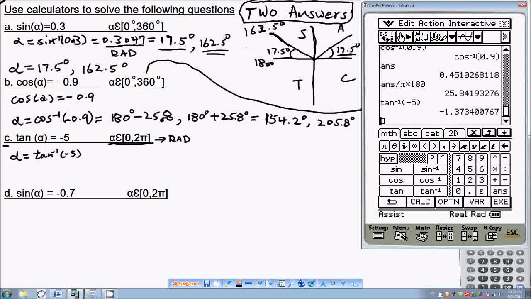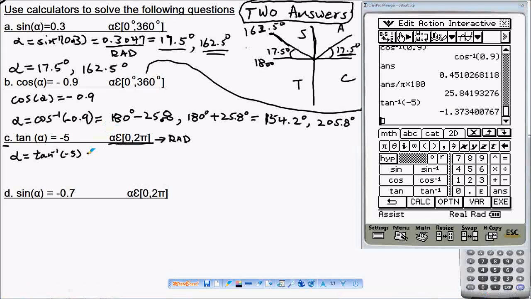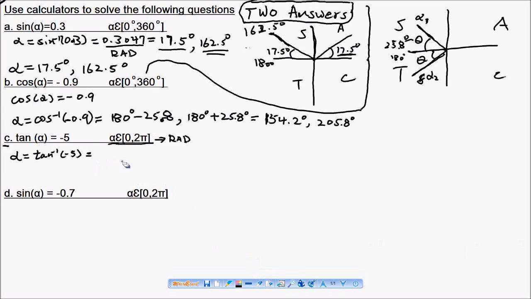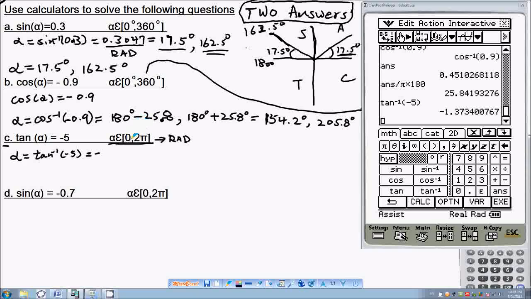We should have minus 1.37 in radians, and this is only one answer.